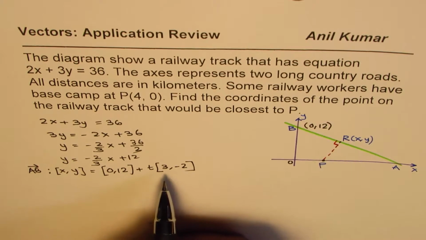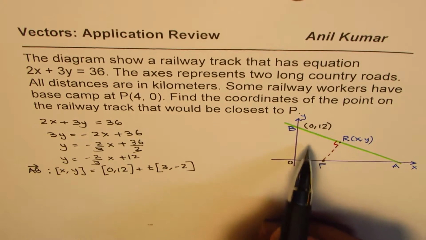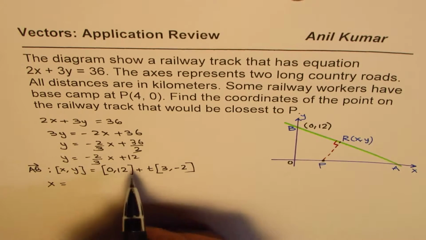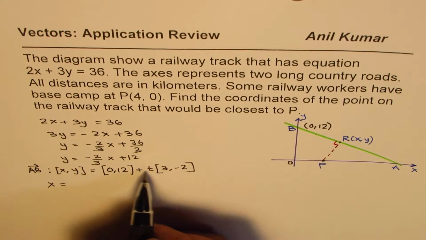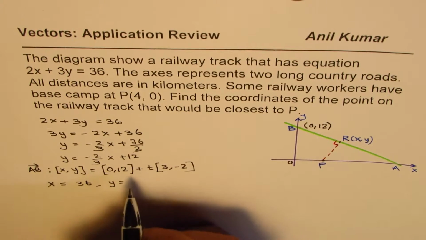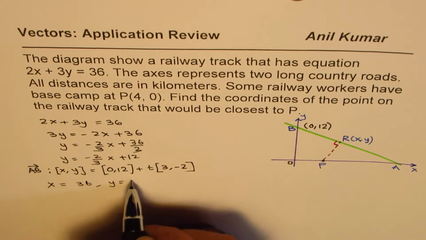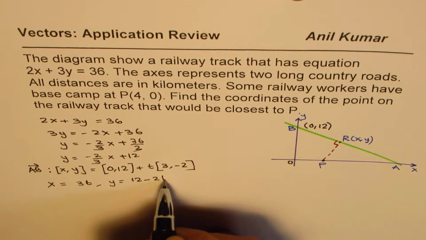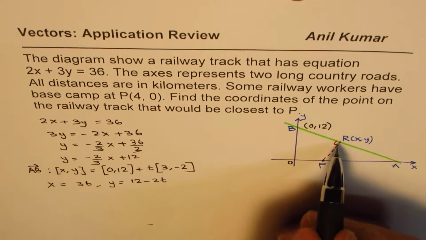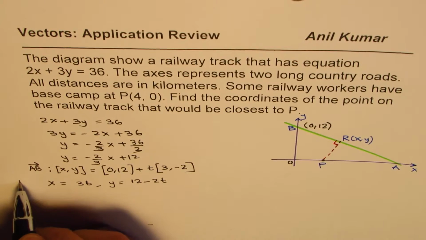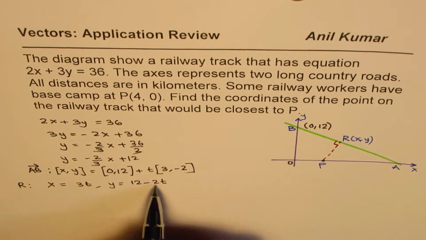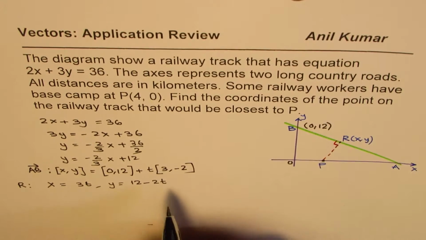This equation tells us that any point on this line can be written as x equals 3t and y equals 12 minus 2t. So the point R could be written as (3t, 12 minus 2t).